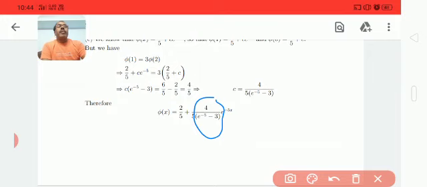So in this way we can solve a differential equation if the initial as well as boundary conditions are given, so that we will be able to obtain the particular solution of the given differential equation.